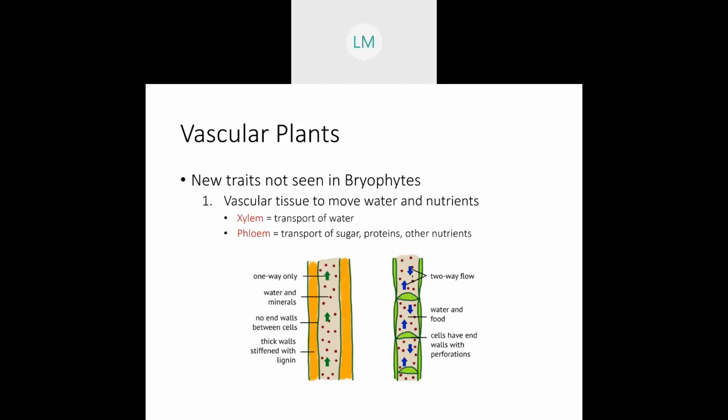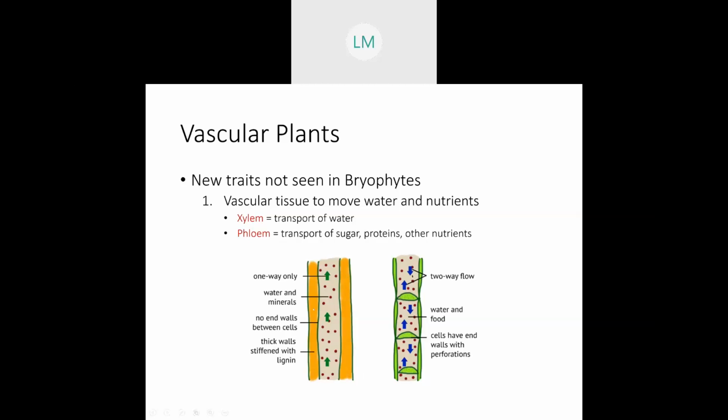The vascular tissue is specialized structures that function to move water and nutrients through the plant. So we have xylem, over here, which transports water. And then we have phloem over here. This is the transport of sugars, proteins, and other nutrients.